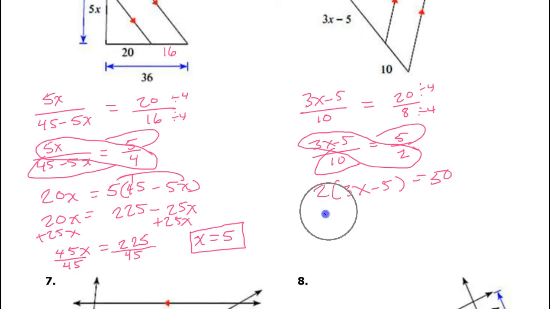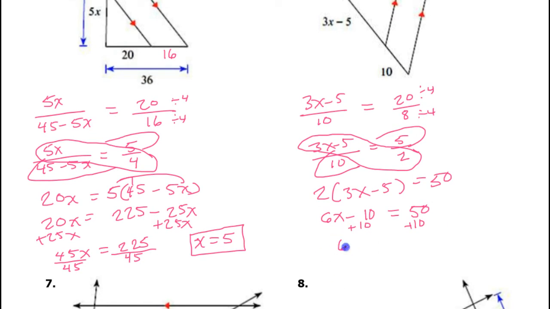Okay, distribute. So that's going to give me 6x. Whoops, almost forgot to multiply the 5. That would be a big no-no. All right, so 6x minus 10 is equal to 50. Then I'm going to just add the 10 to both sides.